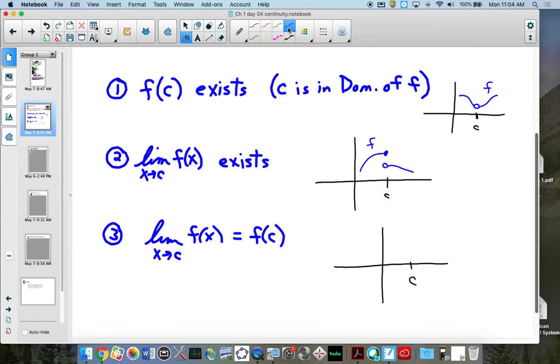So we could have something like that. So the first, f of c exists, check. Does the limit as x approaches c exist? Check. But the limit does not equal the value of the function. So all three of those, that's your three-part test for continuity at a single point.